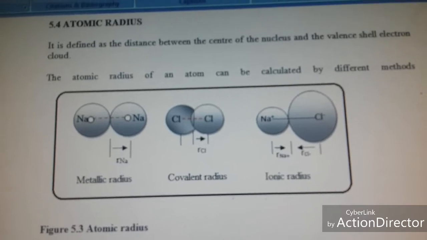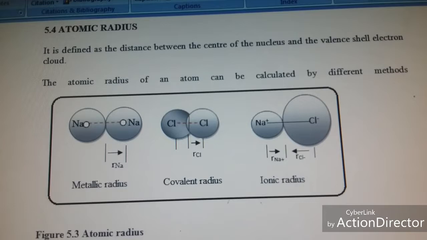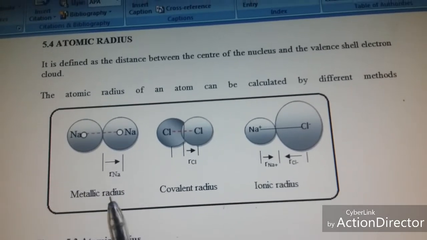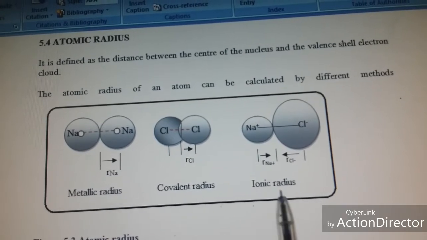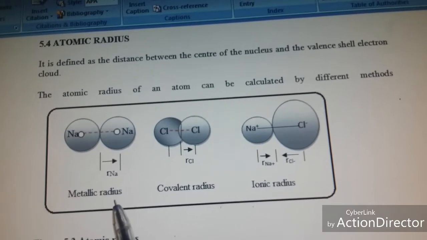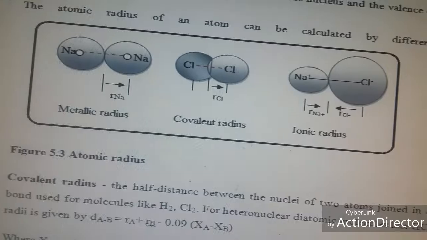Now let us come to another property, that is the atomic radii. It is the distance between the center of the nucleus and the valence shell electron cloud. There are different types. First, as you can see, is the metallic radius. This one is the covalent radius and this one is the ionic radius. Metallic radius is half the distance between the nuclei of two neighboring atoms in a solid metal.